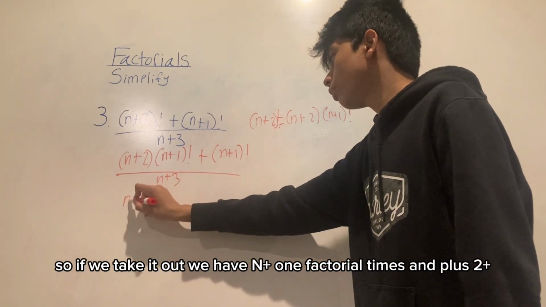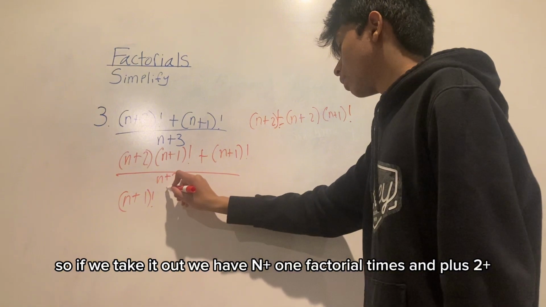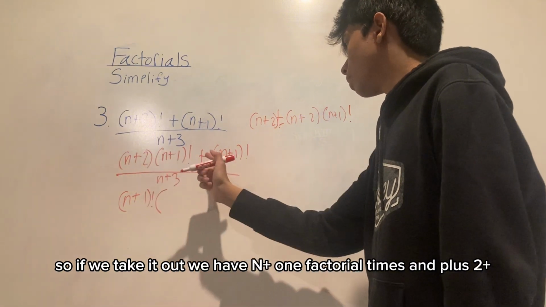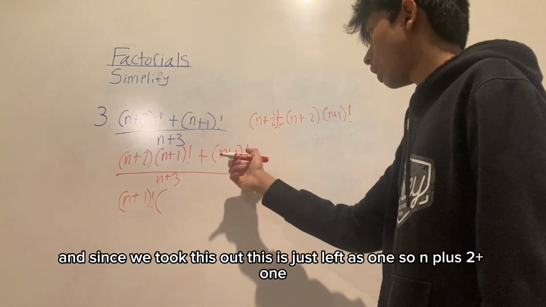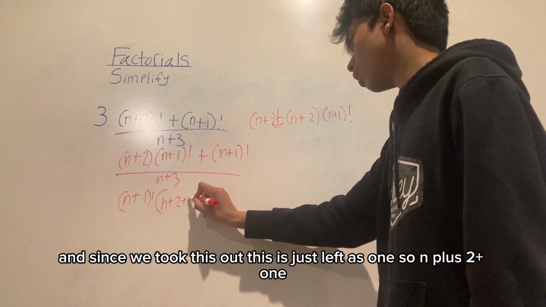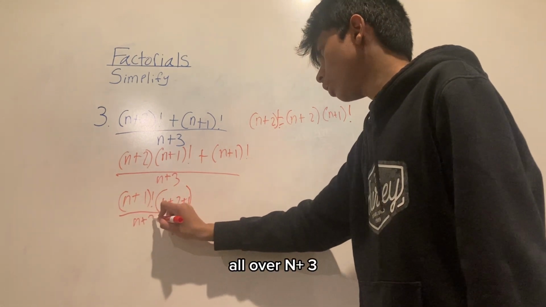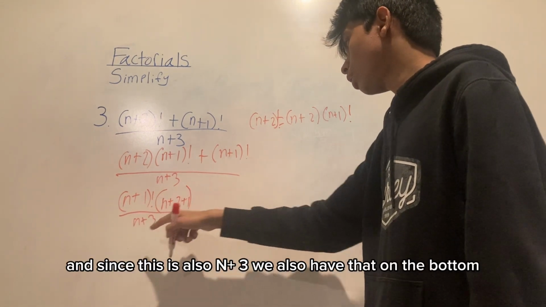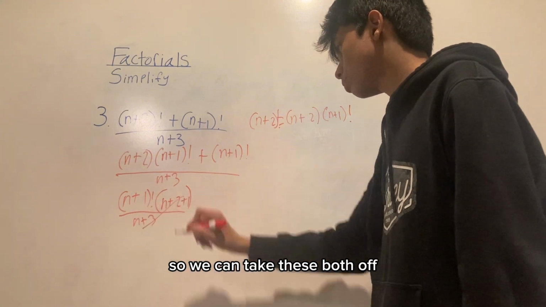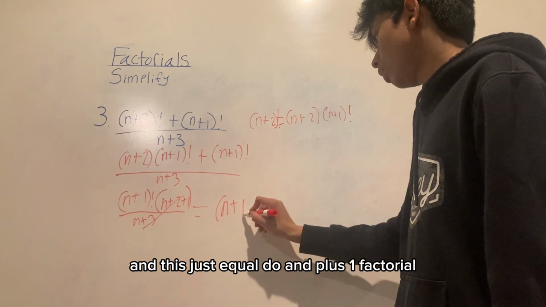So if we take it out, we have n plus 1 factorial times n plus 2 plus, and since we took this out, this is just left as 1. So n plus 2 plus 1, all over n plus 3. And since this is also n plus 3, we also have that on the bottom, so we can take these both off. And this is just equal to n plus 1 factorial.